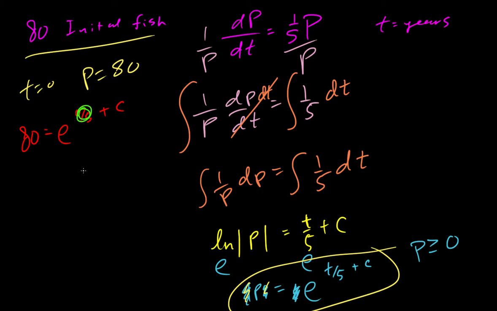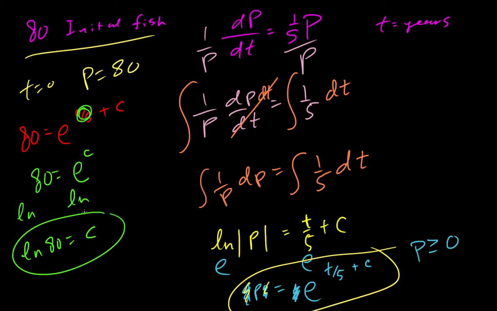That's going to be e to the c equals 80, and that's essentially all we can do, unless we want to do natural log on both sides. Natural log of 80 is equal to c, and so we could replace this with natural log of 80. If you want to see a slightly different approach, you can look in your book.